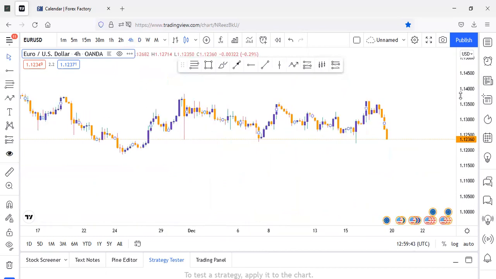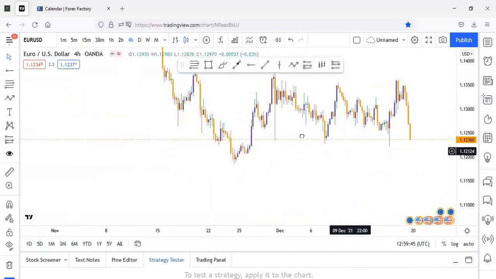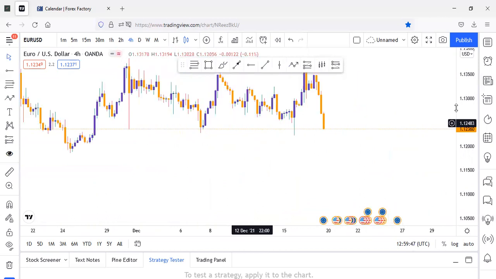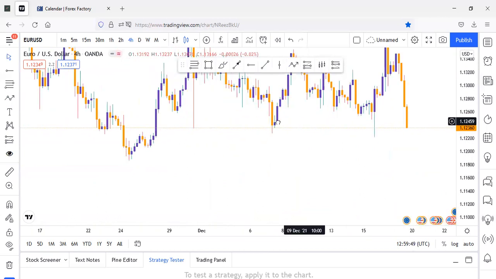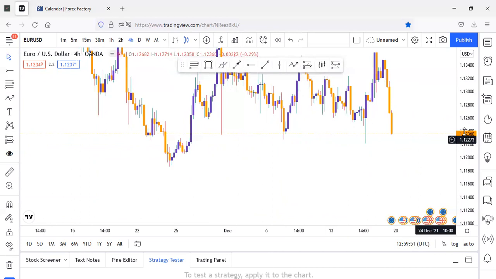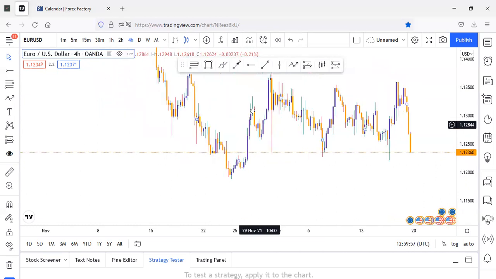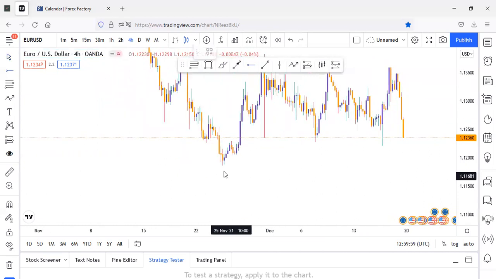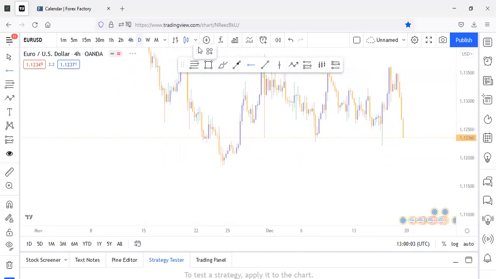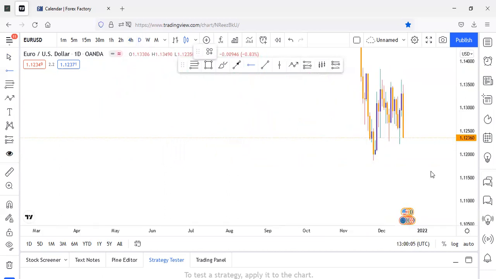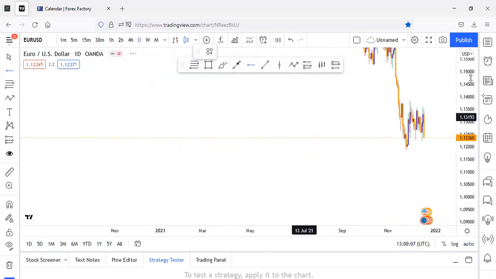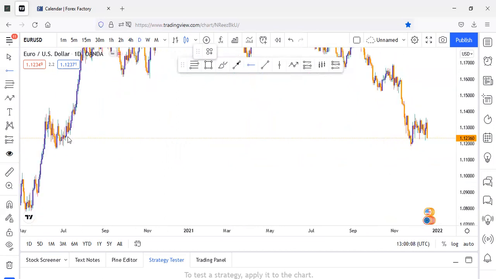So I'll be doing this on H4. Okay, guys, we're doing this on H4. So this was where I started. Actually, if you go to your daily time frame, there's a daily order block already, on the left hand side, around there.